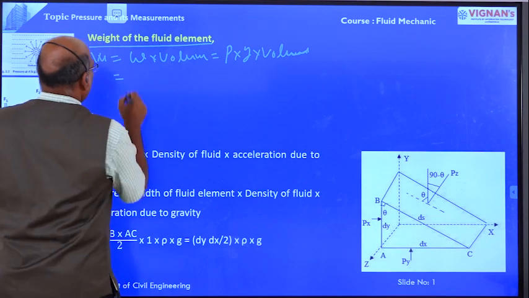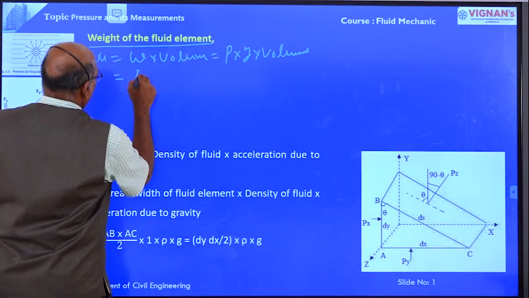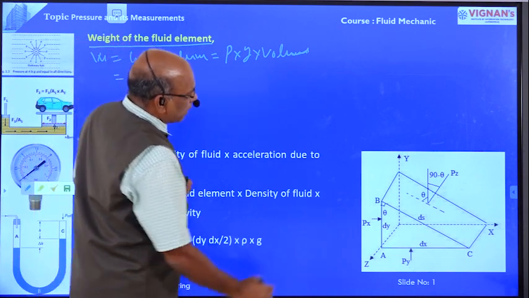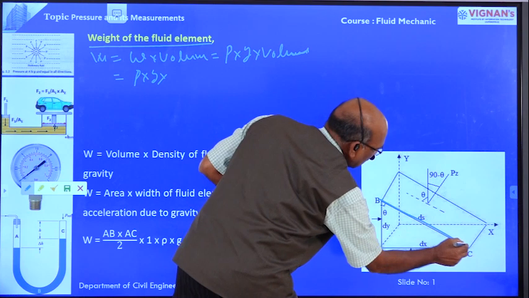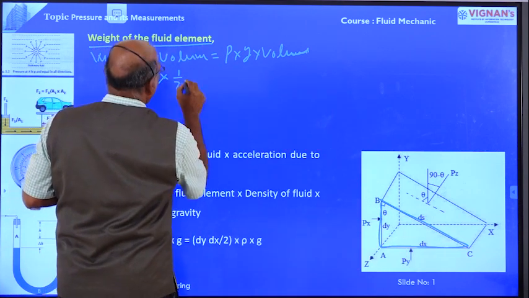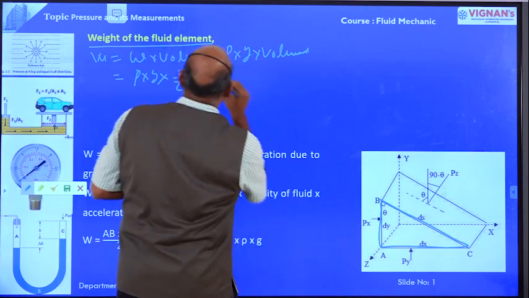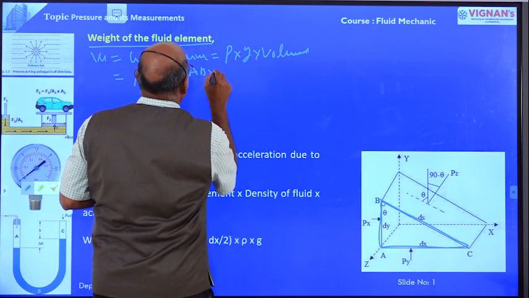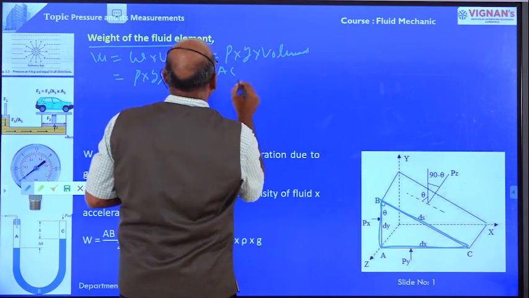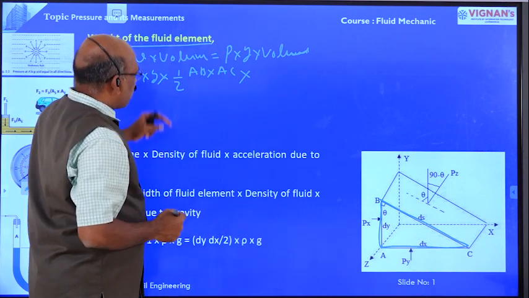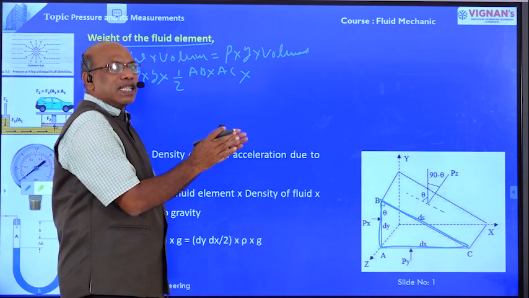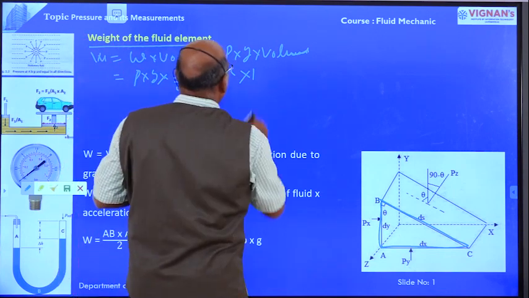Volume is area into width. Area equals half into AB into AC, and we have taken the width as unit, therefore into 1.